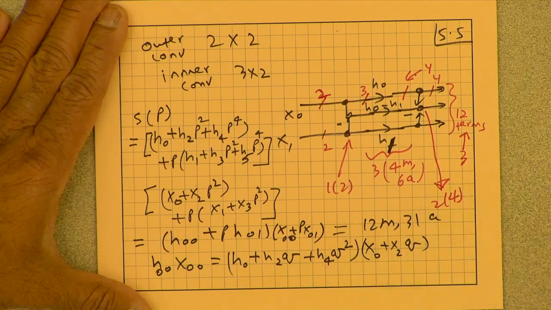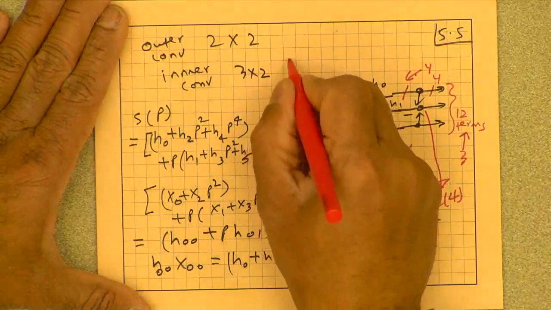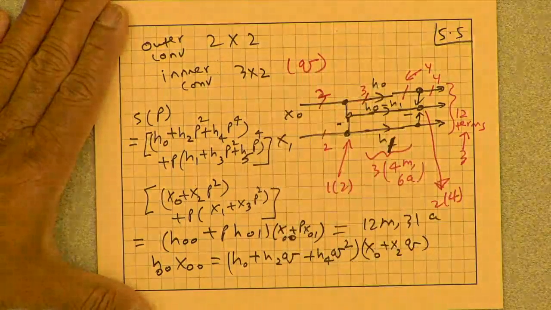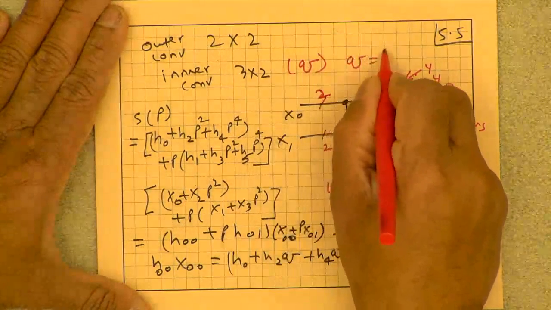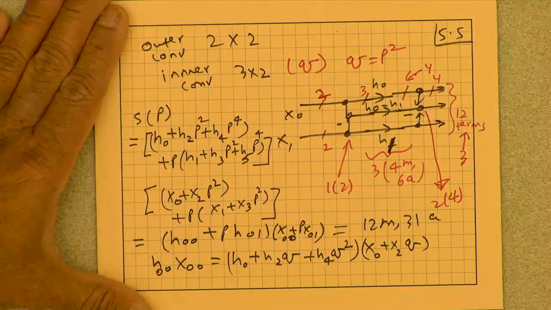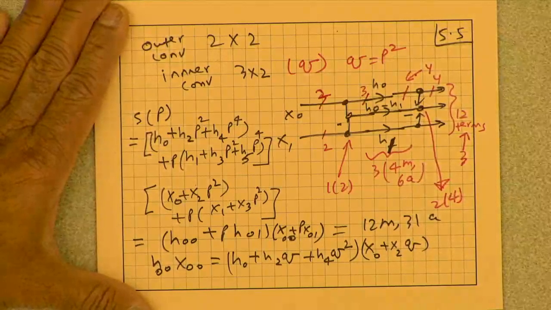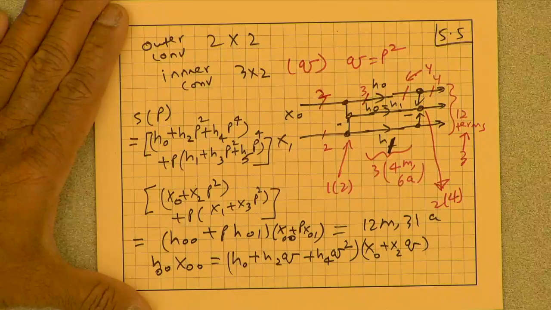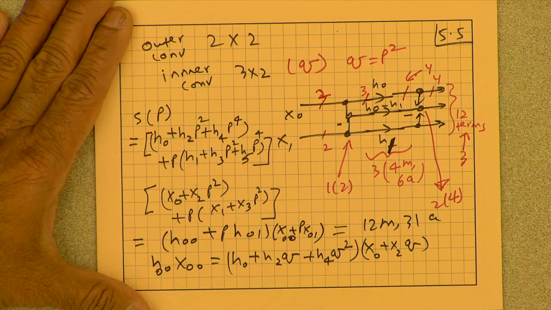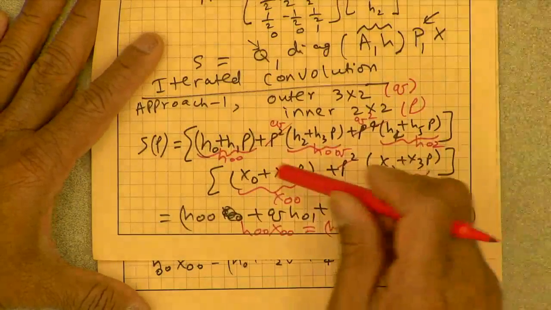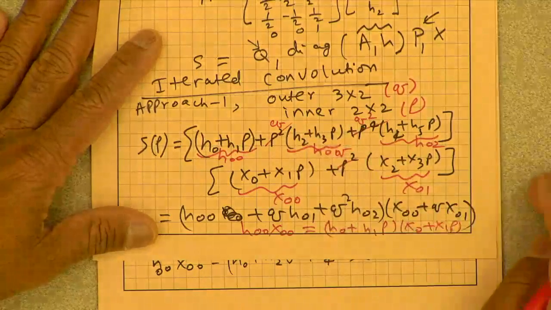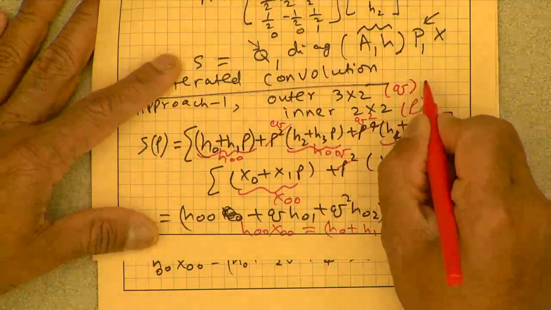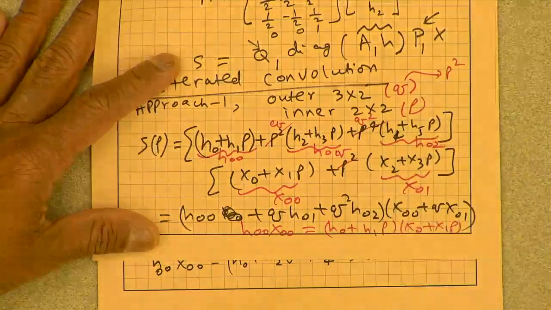So the inner 3 by 2 convolution is now with respect to q, and in this problem q is p squared, unlike the previous problem where q was p cube. Actually, in the previous problem q also was p squared. Yeah, q was p squared. So q is p squared in both.